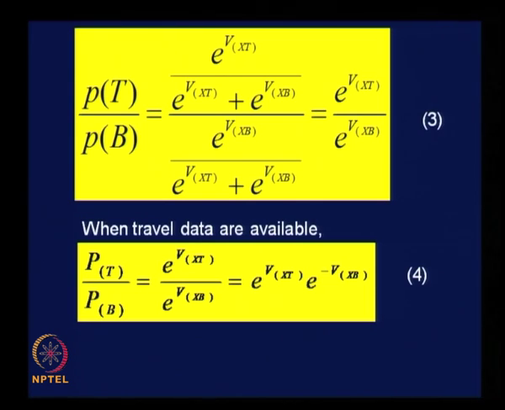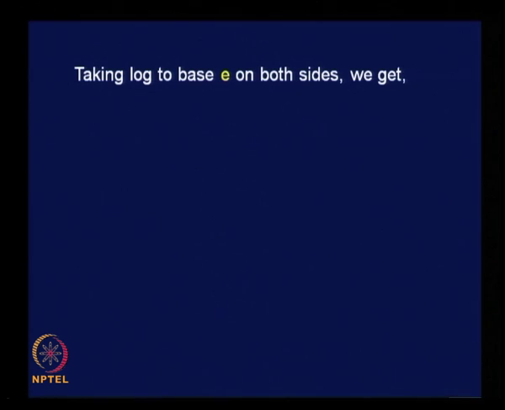Let us take logarithm to the base e on both sides, so that the value does not change for the involved variables. Taking log to base e on both sides, we get simply ln of Pt minus ln of Pb equal to Vxt minus Vxb.